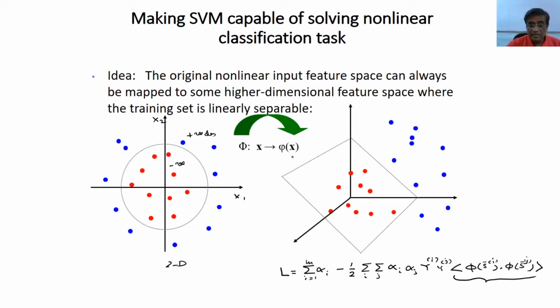You can see that yes, now in that higher dimensional feature space, it looks like the two samples are linearly separable, and once we could reach that higher dimensional feature space, then because now x in the higher dimensional feature space has become phi x.